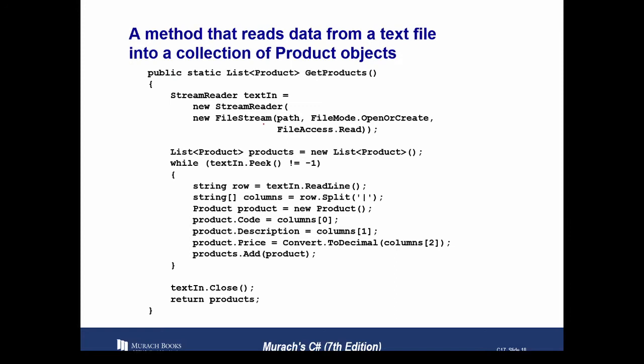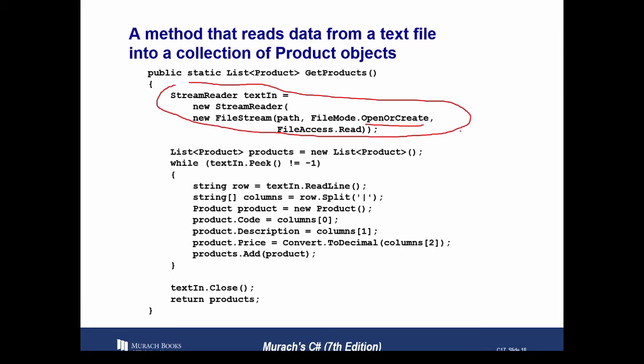All right, and so here's an example. There's a little bit of density to this particular slide. You'll see what's happening in a method that reads data from a text file into a collection of product objects. In this case, we've got the first part done: the open or create.